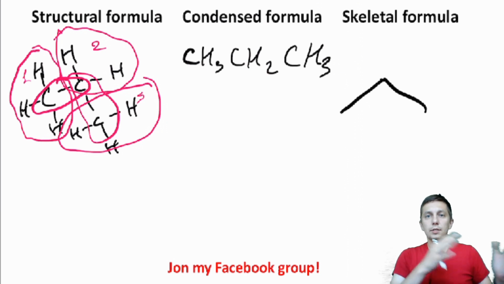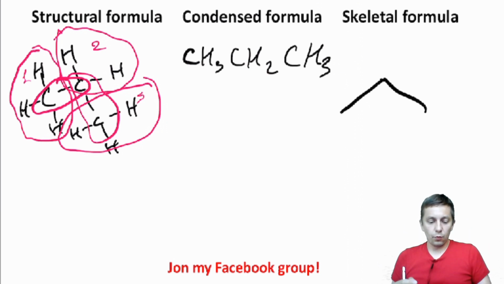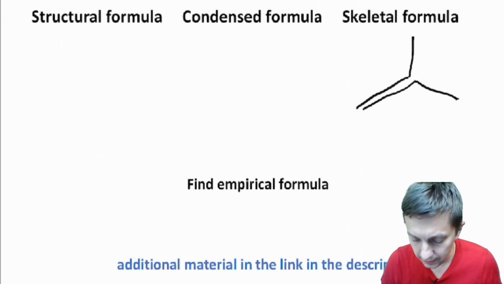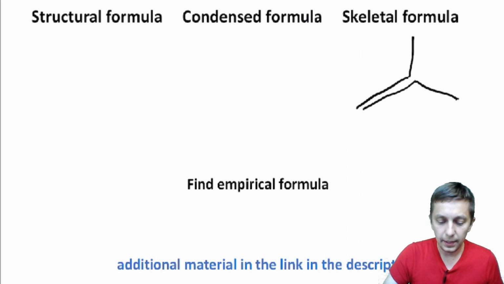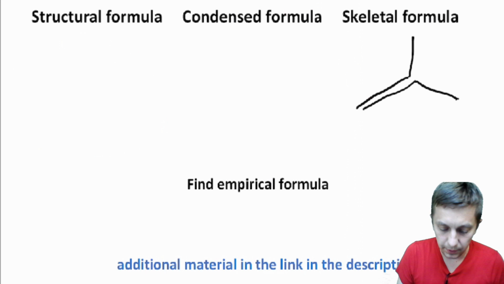So: structural, condensed, skeletal. By using the structural formula, you can predict properties and name compounds, but it's too messy. And from the skeletal formula, we can create a condensed formula.